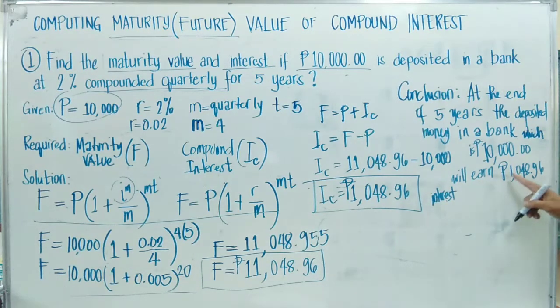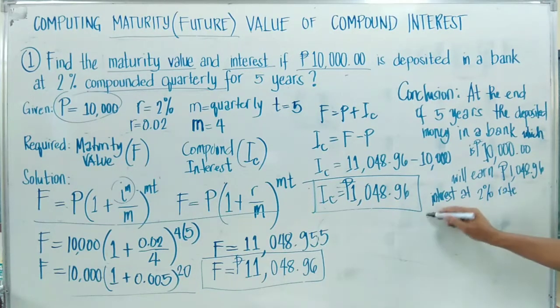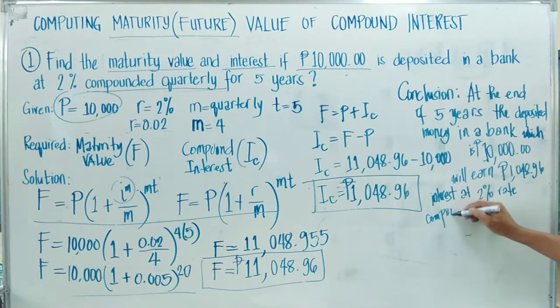So we'll earn 1,048.96 interest at 2% rate, compounded quarterly. Okay?